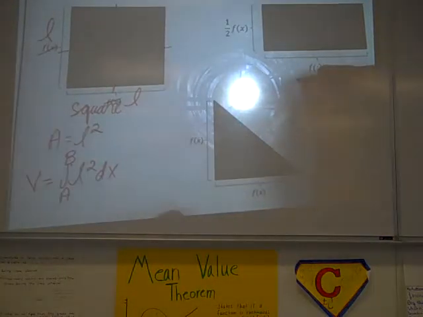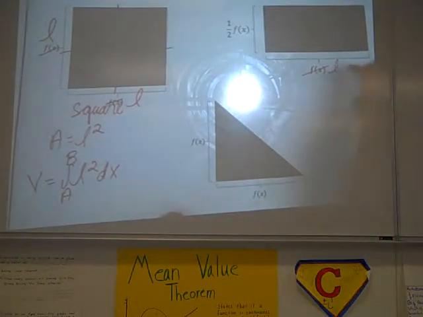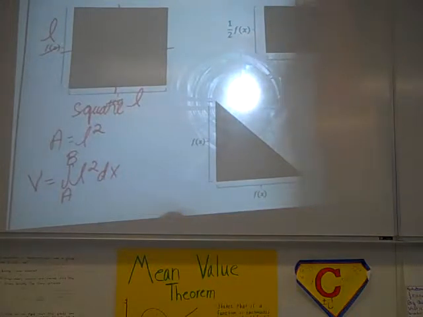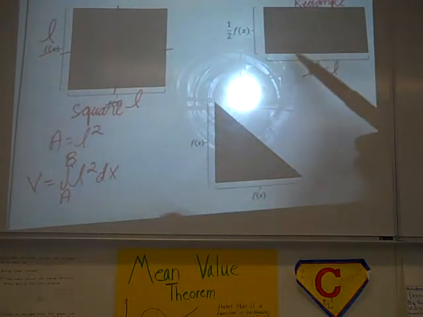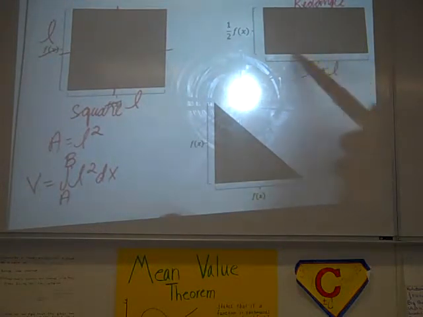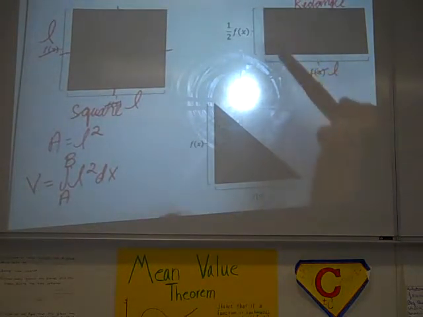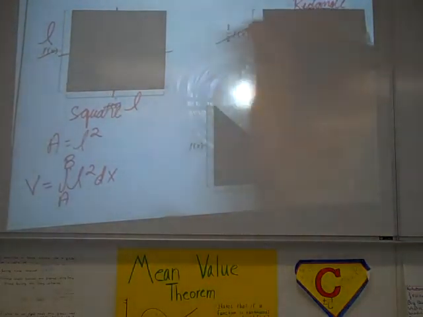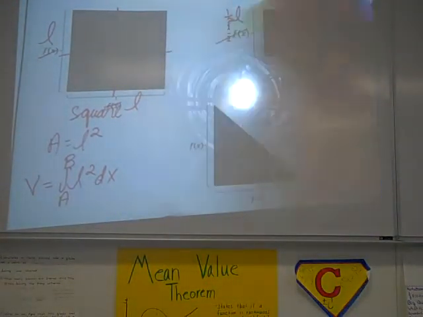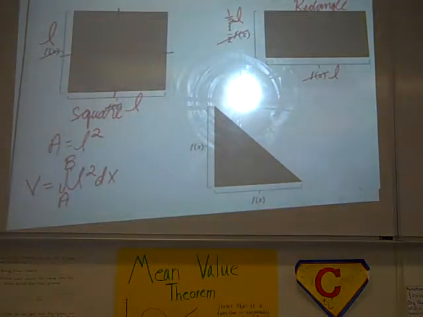Okay, another one that's going to show up pretty regularly is the rectangle. So here's my rectangle. And I can tell by looking at this rectangle, if this is the length of the base, well, the height is not equal to the length of the base. The way I set it up, the height is actually 1/2 the length.